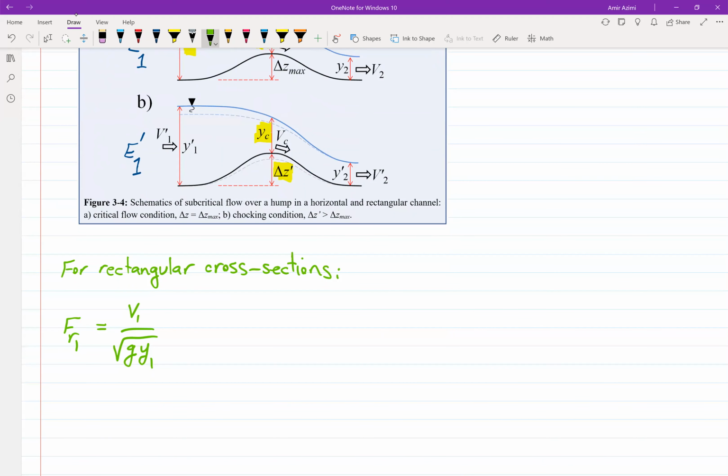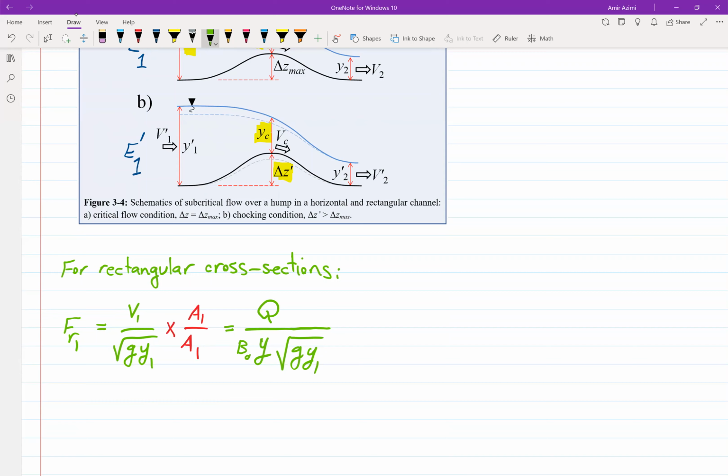Or I can also multiply that Froude number equation by area, A1, which gives me V1 A1, which is Q, so I have the total discharge, and then A1 is B0 Y1 times the square root of G Y1. So this way, instead of calculating the velocity at section 1, I can just calculate everything together.